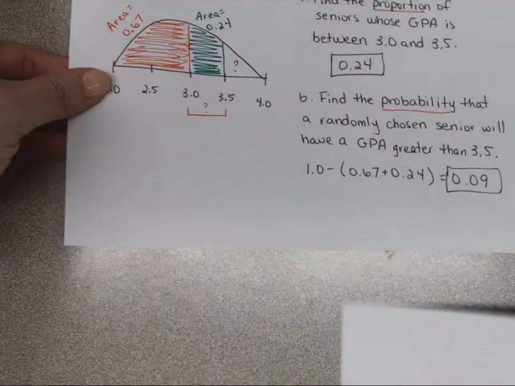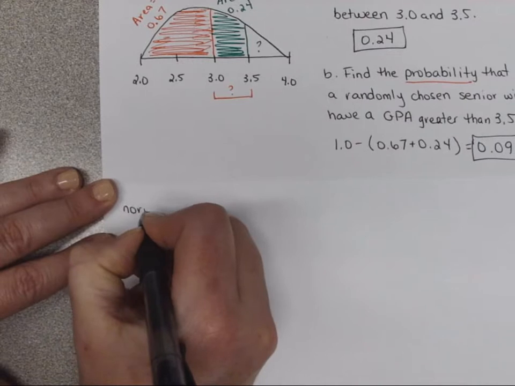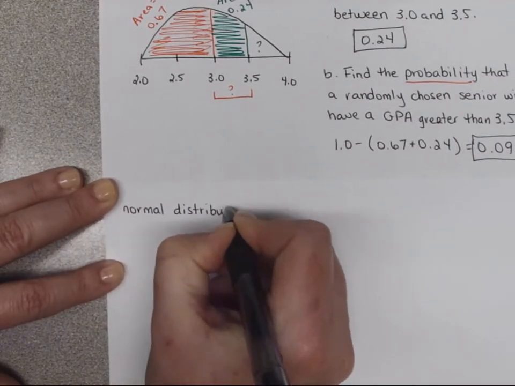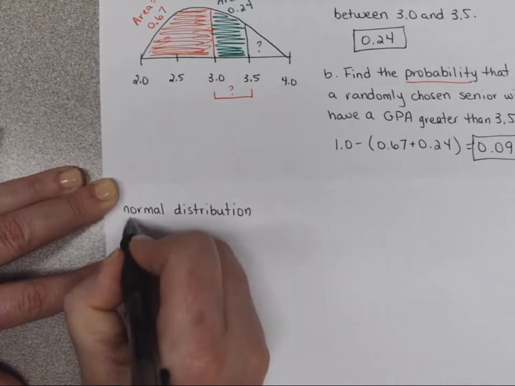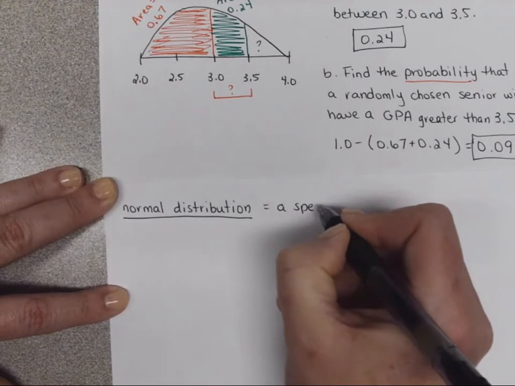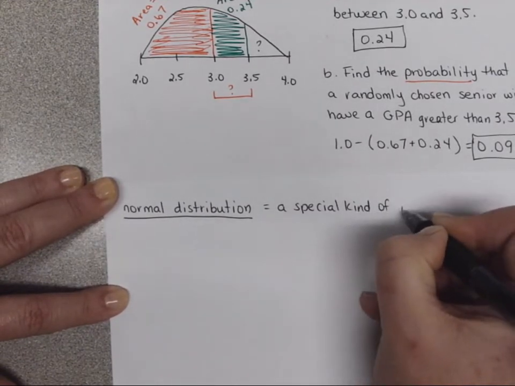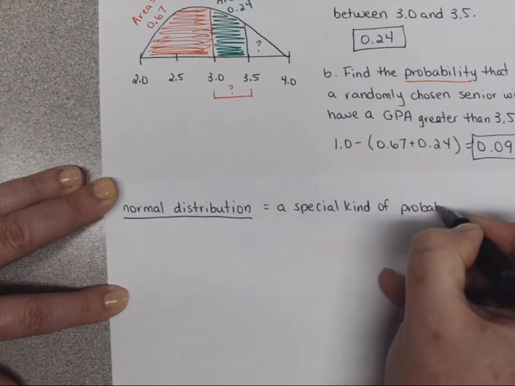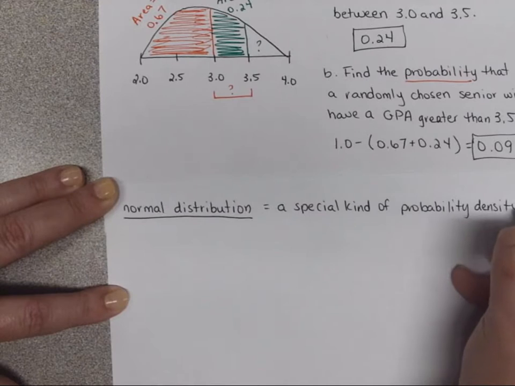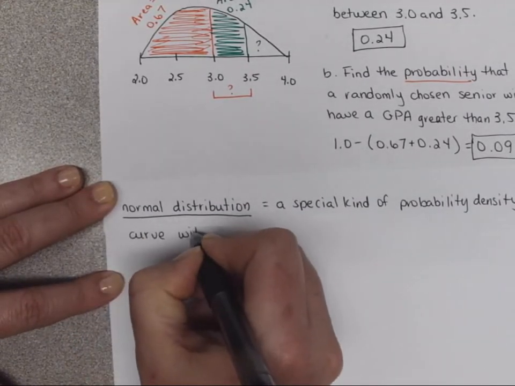But a lot of things in statistics follow a very specific probability density curve called a normal distribution. Okay, so a normal distribution is a special kind of probability density curve with the following properties.